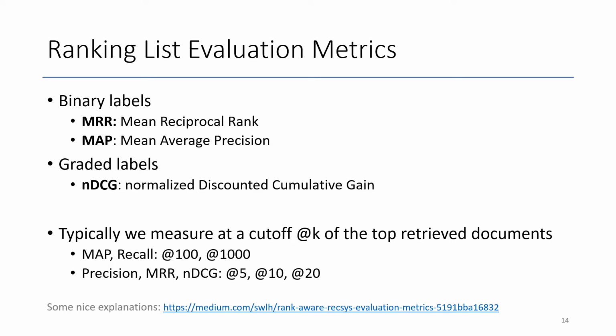And typically, we measure all those metrics at a certain cutoff, at K, of the top retrieved documents. For MAP and recall, this is typically done at 100 and 1000, whereas for precision, MRR, and nDCG, we have a much lower cutoff, so at 5, at 10, or at 20, to kind of get the same experience as users would.